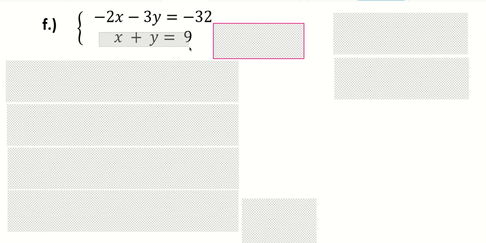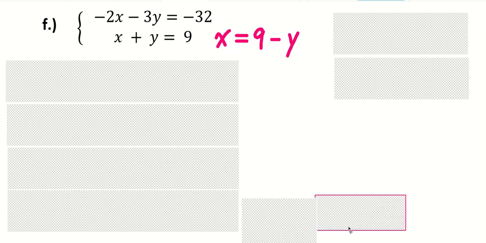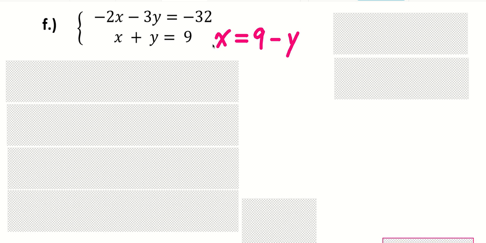So it looks like I'm going to pick this one. And you know what? It's kind of a horse apiece. You could just as easily get x by itself in this equation as you could getting y by itself. So I wonder which one I did. Looks like I got x by itself.